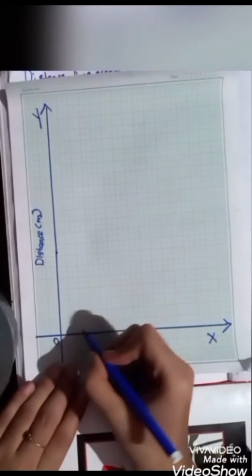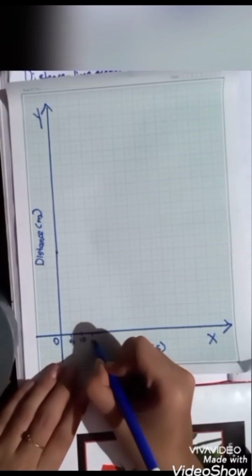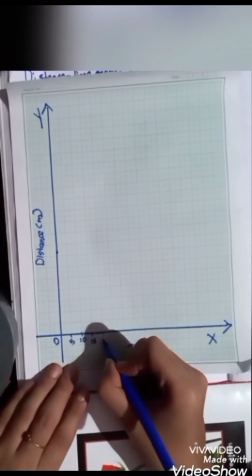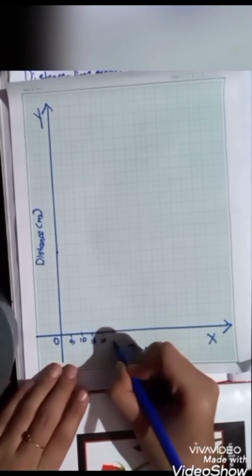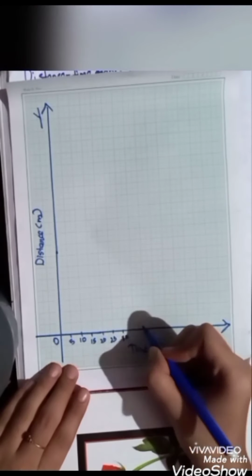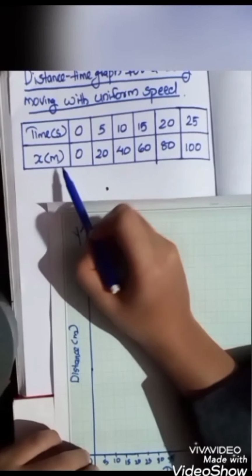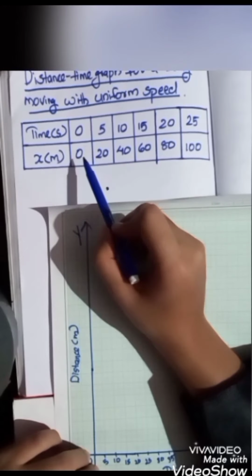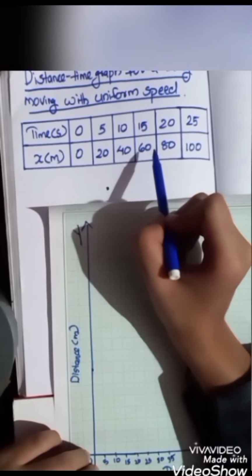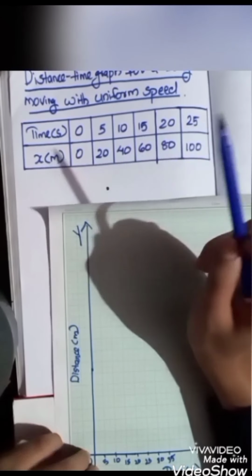We can take it as 5, 10, 15, 20, 25, 30, 35. It's enough. Then the distance is 0, 20, 40, 60, 80, 100, that is the multiples of 20.